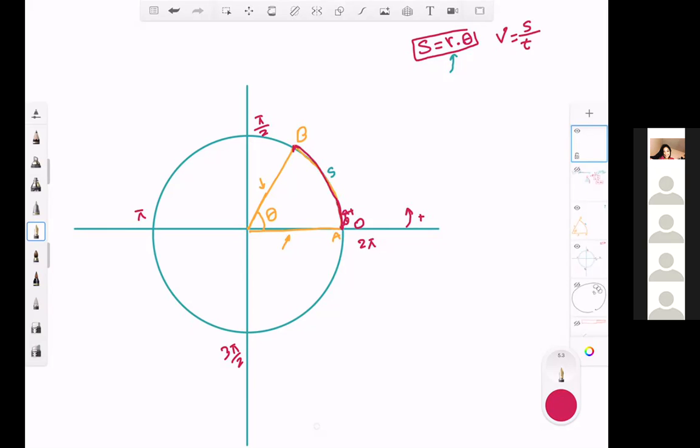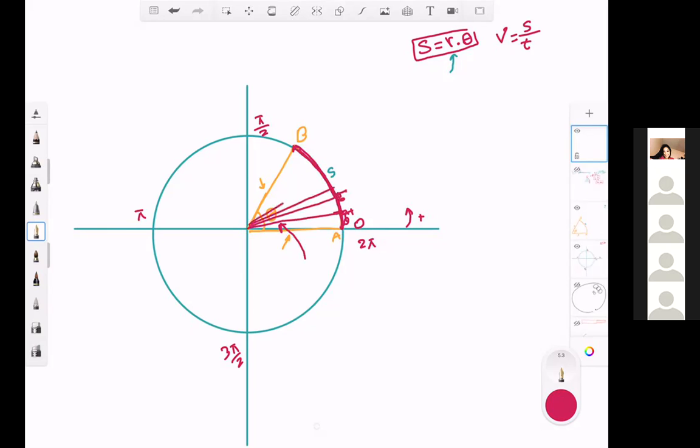We have another formula here: the speed of this theta. Because when the person is here, the theta is there, correct? Then the person goes there, the theta is going to be here.